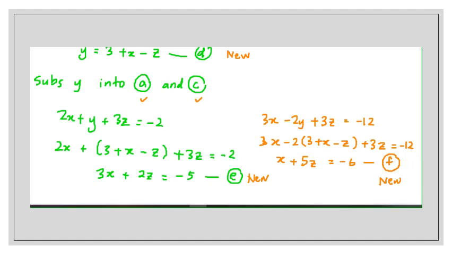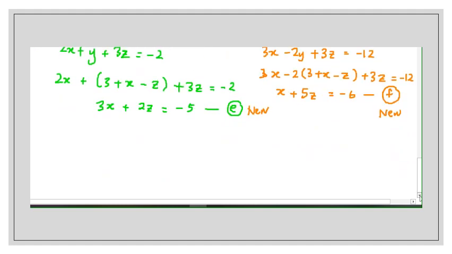Okay, what to do next is, we are still in our step of substitution. There is no more elimination. We still have to use the substitution method in both of these two new equations. They must have the same variable. You have to make sure that your two new equations have the same variables, x and z.